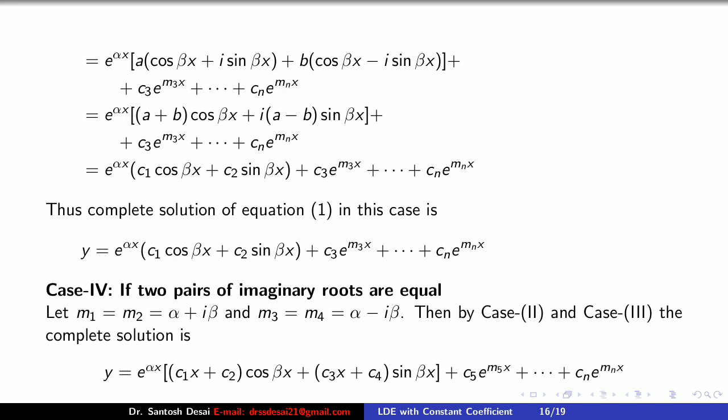So first we write e^(alpha x). Again the roots are repeated two times, so we need the term c1x + c2. So we take the complete solution as y = e^(alpha x) [(c1x + c2) cos beta x + (c3x + c4) sin beta x] + c5 e^(m5x) + and so on + cn e^(mnx).